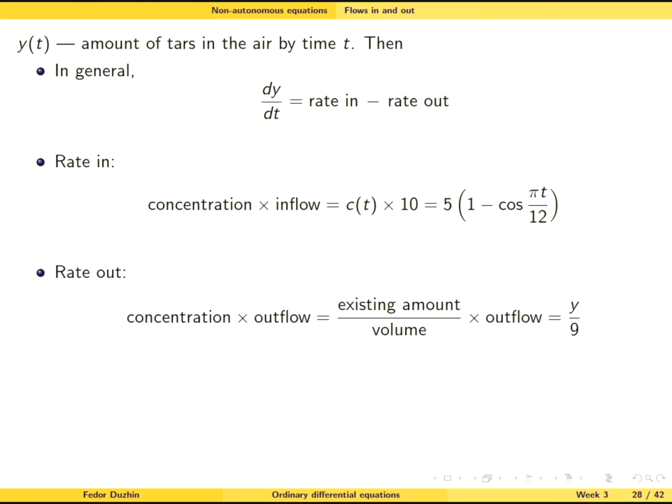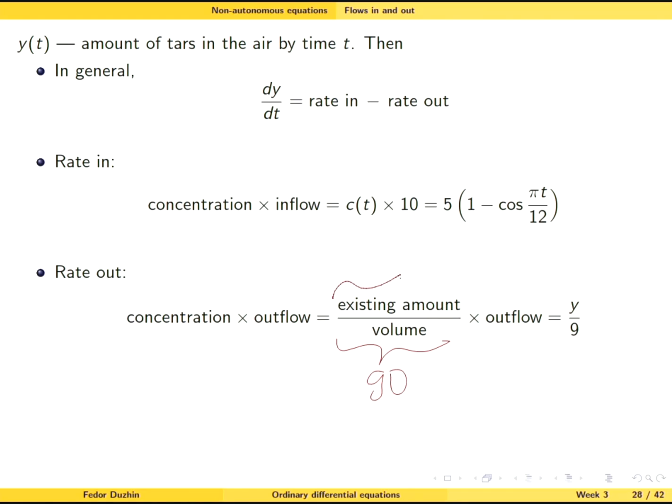Then the rate out is again concentration times the outflow. Concentration is the existing amount divided by volume, times the outflow. So the existing amount is Y, the volume is 90, and the outflow is 10.